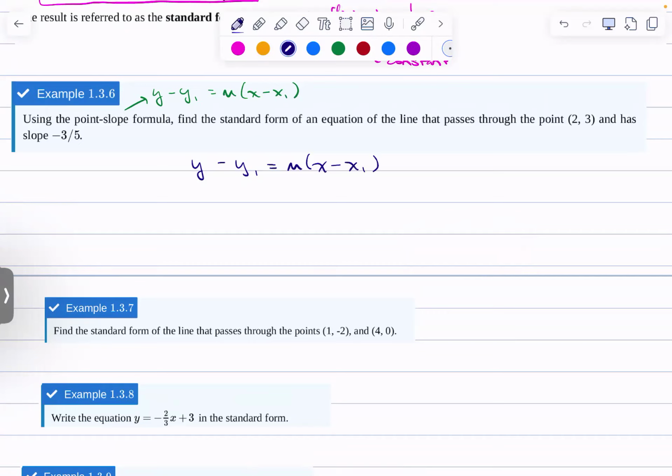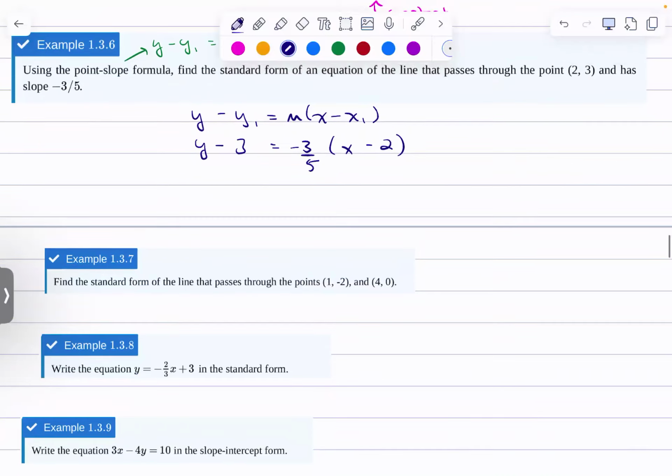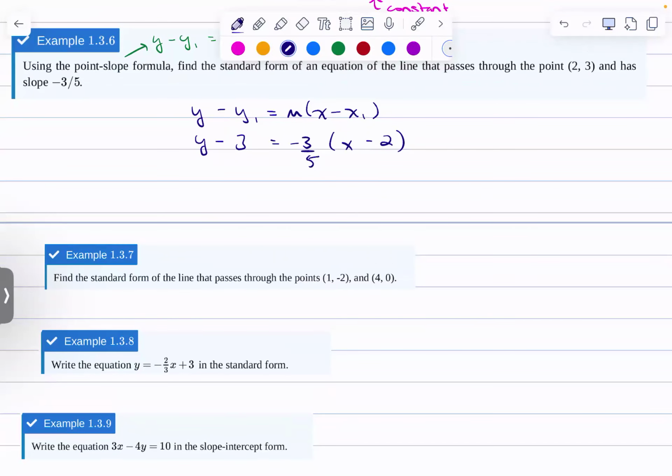We have a point 2, 3, and we have a slope -3/5. So I have y minus 3 is -3/5 times x minus 2. That's what's nice about the point slope formula. You have the slope and the point, you just plug them in and then you're done, sort of. There's usually more to it than finding the equation of a line.